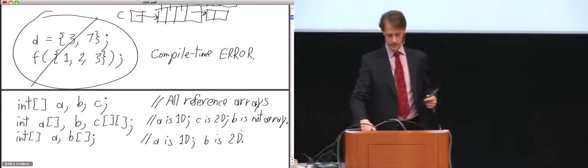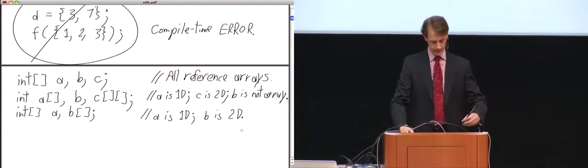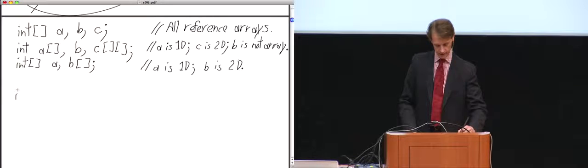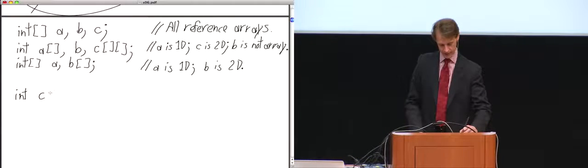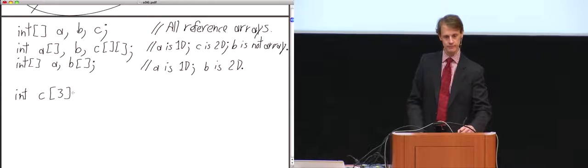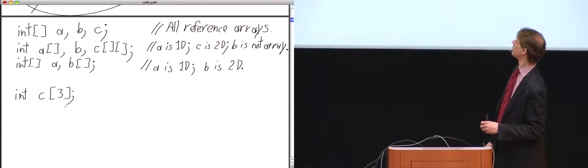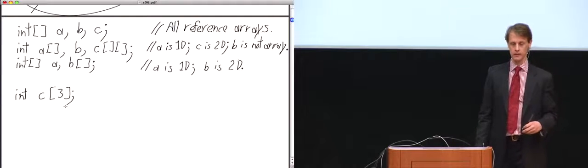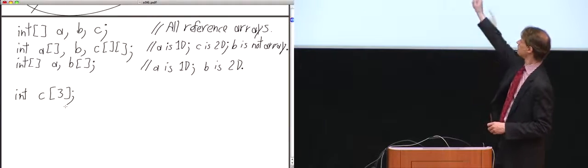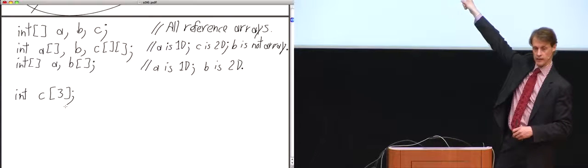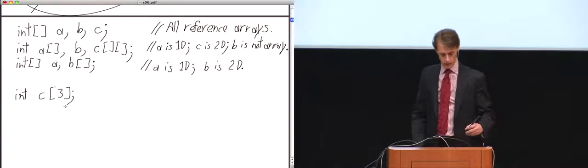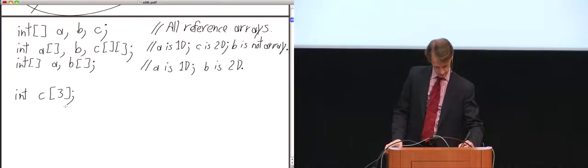So the question is, in these lines, if I put the number of items I want to allocate in brackets, like for B, for example, what does that number indicate? You're talking about the third line? Okay. So, in other words, if I did this?